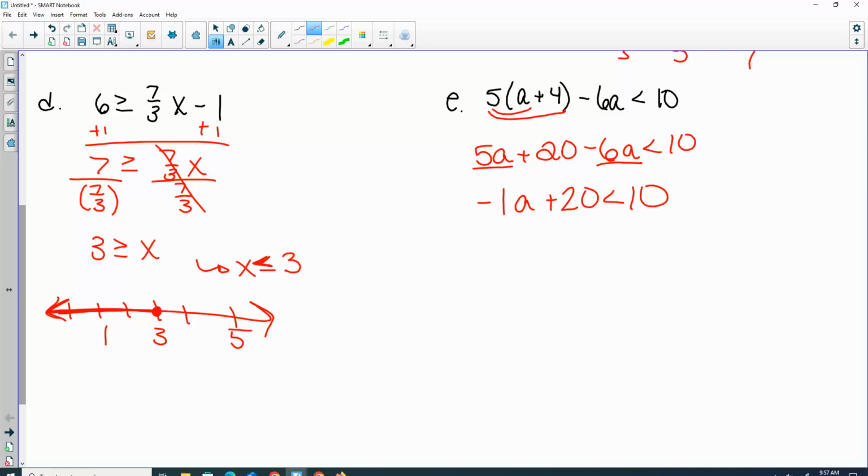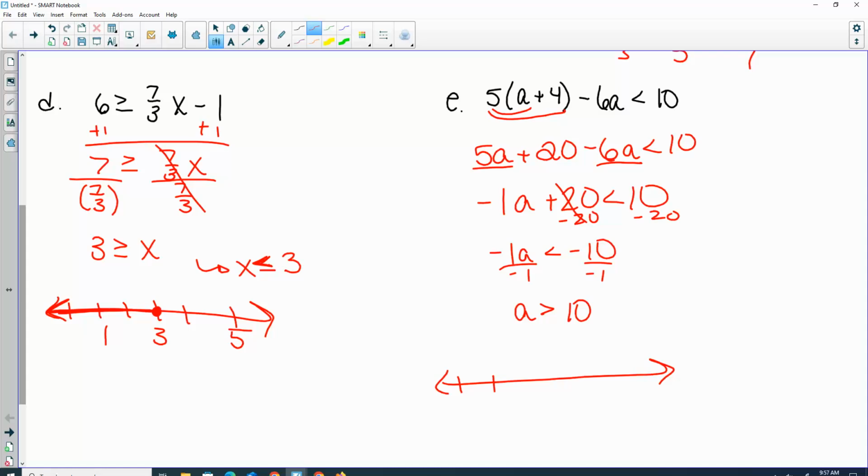Okay, Kylie, what do we do next? Okay, Caden, what do we do now? And if I divide by a negative, it flips my inequality, so I get a is greater than 10.